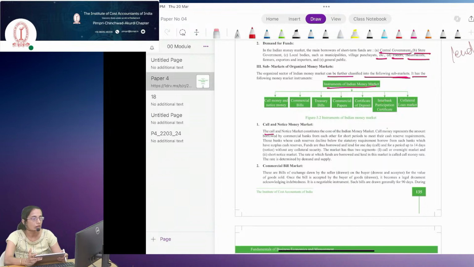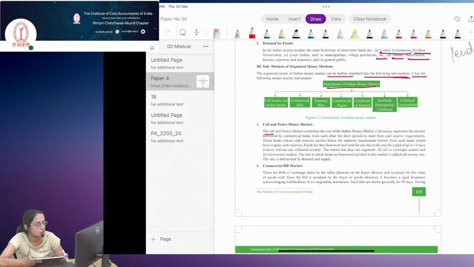So, call and notice money market. This is the money which is lent by the commercial banks for a short duration of time to meet their cash requirements. So, for overnight, like 1 day, or within 14 days.